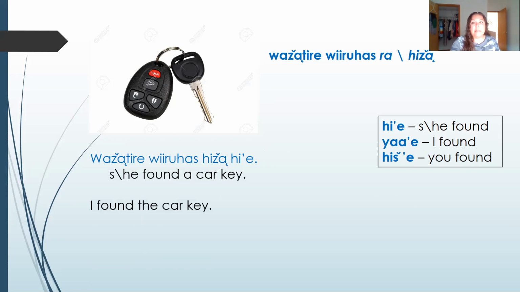All right, and I'm gonna let you try and figure this one out for yourself. I found the car key. Okay, so are we gonna use ra or hija? And then which form of the verb are we going to use? Wajantire wirujas ra ya'e.